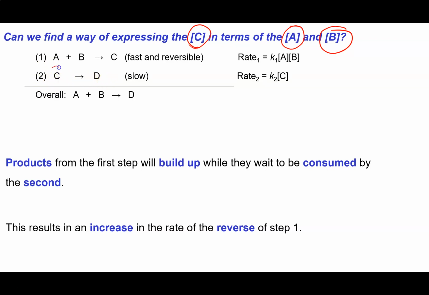So the concentration of C is going to rise pretty quickly, and as it goes up, it's going to make the reverse reaction occur faster and faster. The rate of the forward reaction will decrease as we're using up A and B, and the rate of the reverse reaction will increase as the concentration of C builds up, and eventually they will become equal.